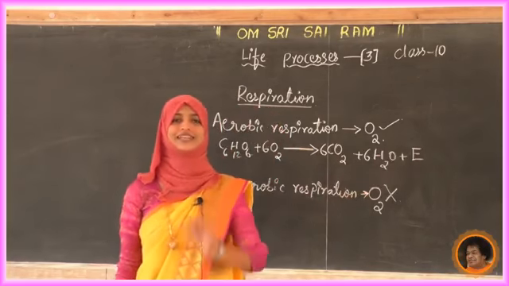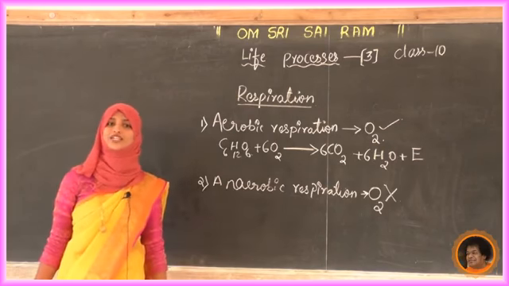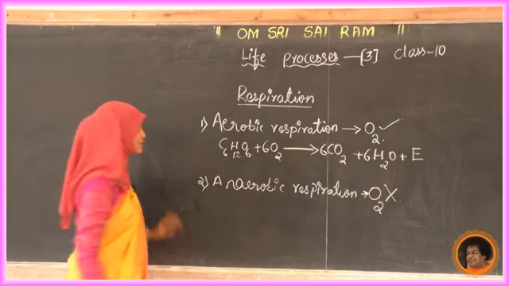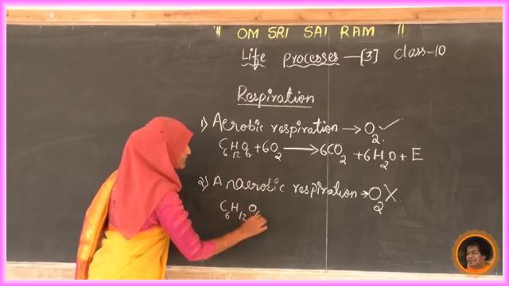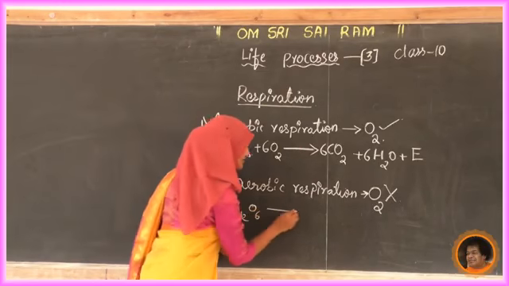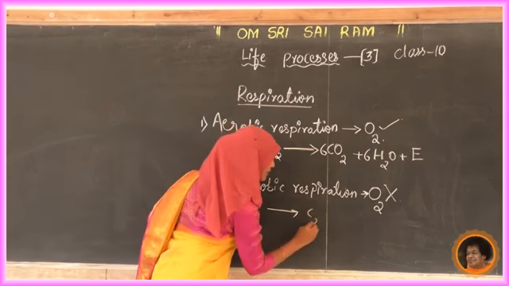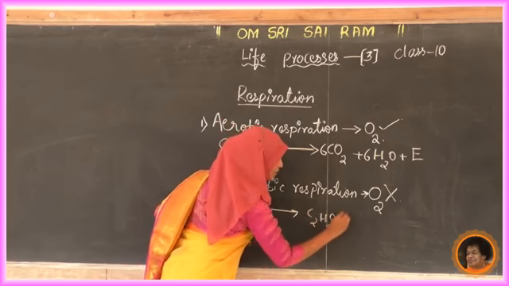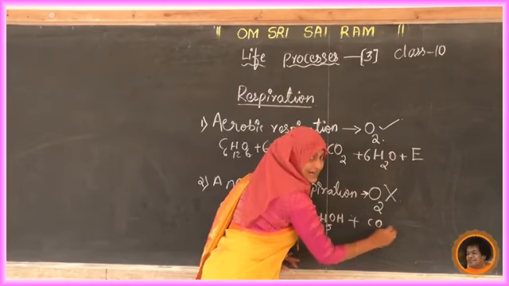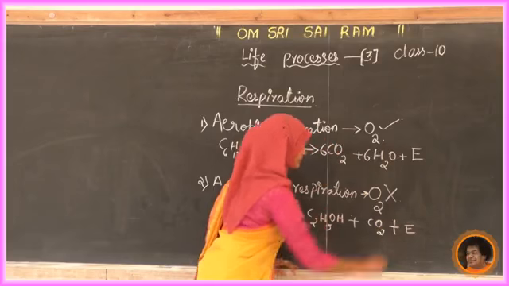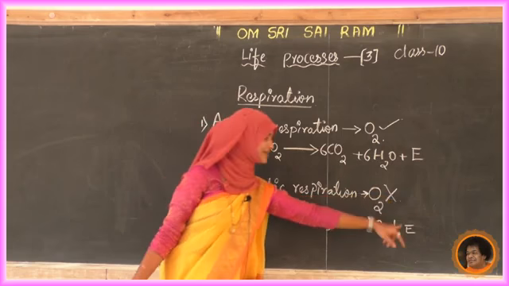Next we will see the chemical reaction in anaerobic respiration. Here, absence of oxygen. So the reactant is only glucose, but what happens? It is converting into alcohol, that is ethanol, C2H5OH, plus carbon dioxide plus energy.